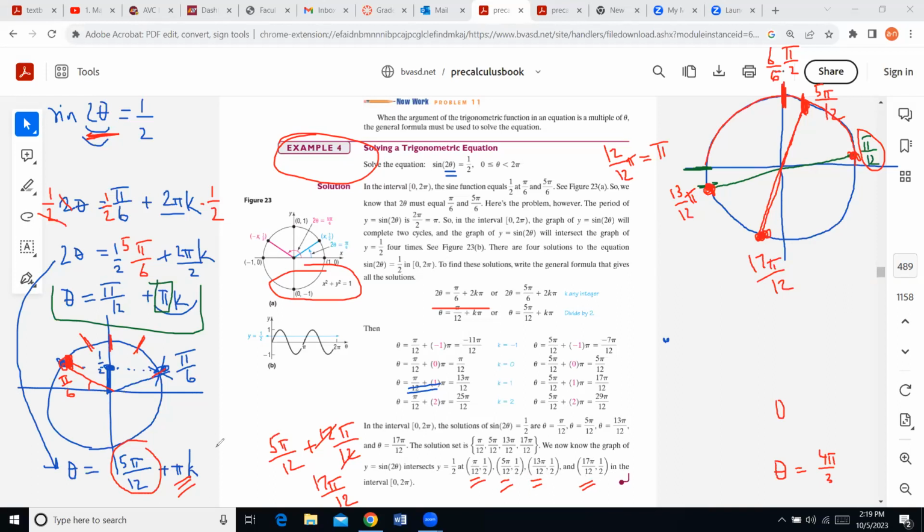But in my opinion, it's much better to just leave those general solutions, this one as well as that one, because there are more. It's not just in the interval from 0 to 2 pi, but we described all of them.